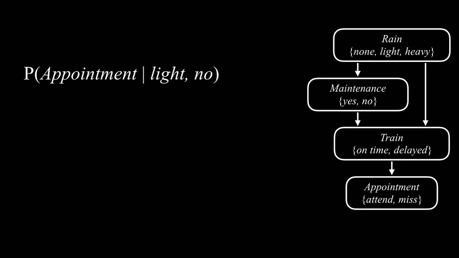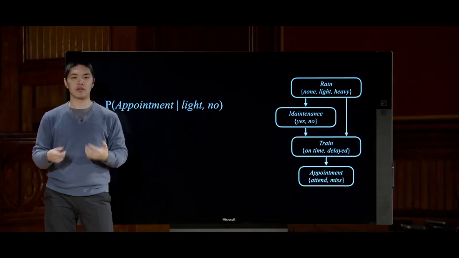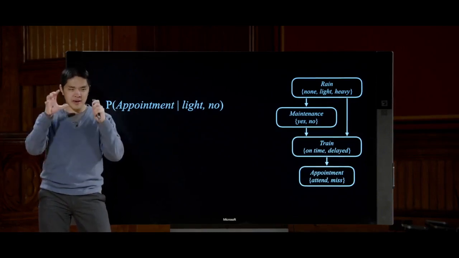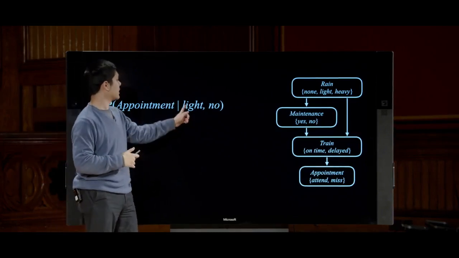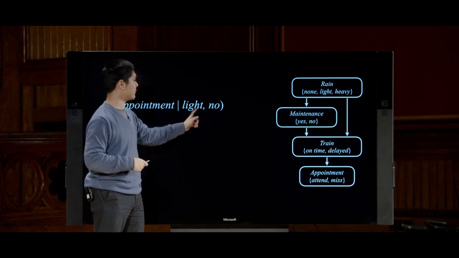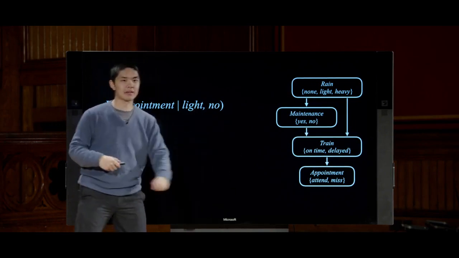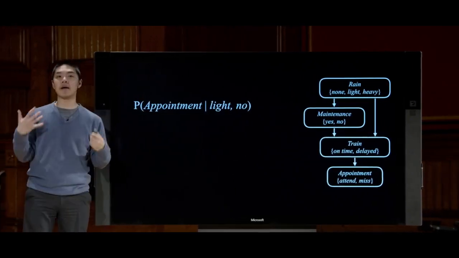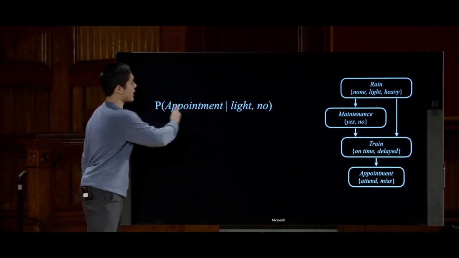Let's imagine, for example, that I want to compute the probability distribution of the appointment random variable given some evidence, given that I know that there was light rain and no track maintenance. So there's my evidence, these two variables that I observe the values of. I observe the value of rain. I know there's light rain. And I know that there is no track maintenance going on today. And what I care about knowing, my query, is this random variable, appointment.